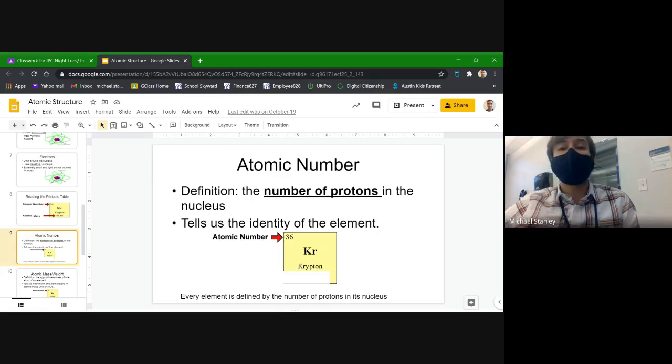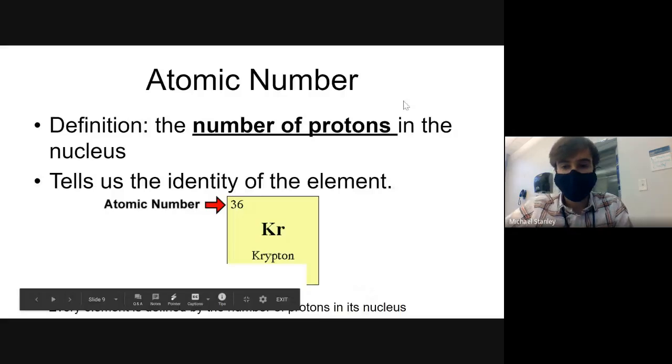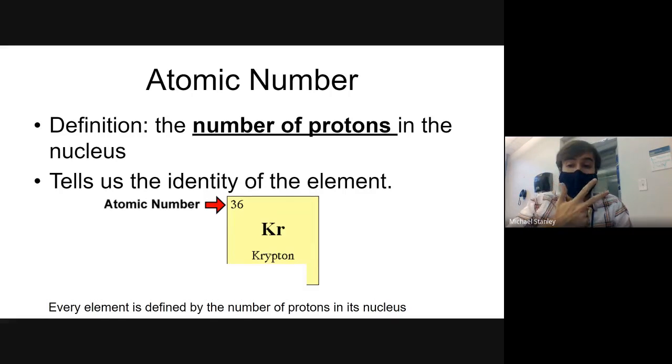So if you remember, last week we spent a lot of time on, and your homework was over, how do we figure out how many of these protons, neutrons, and electrons we got in the atom? We mentioned that the protons and the neutrons hang out together in the nucleus. They're like this. And then the electrons kind of zoom all around them.